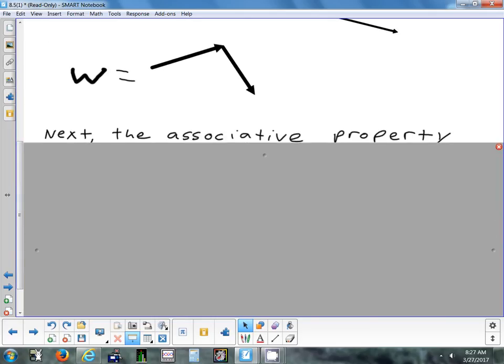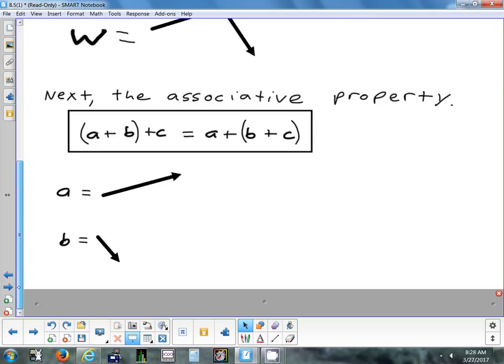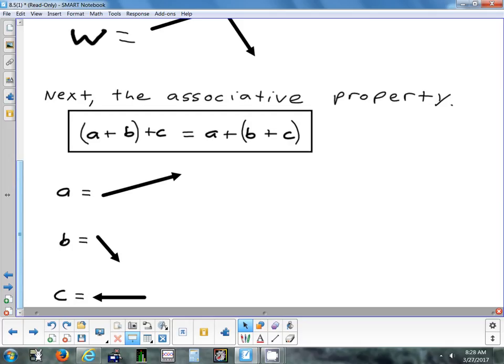How about associative? What does that property mean? It means the same thing here as it does with numbers. It doesn't matter which two you add first. It just has to do with precedence, which one you do first. So if you do A plus B first and then add C, or do B plus C first and add that onto the end of A, you're going to get the same thing. I'll show you that. First, let me do it the way on the left.